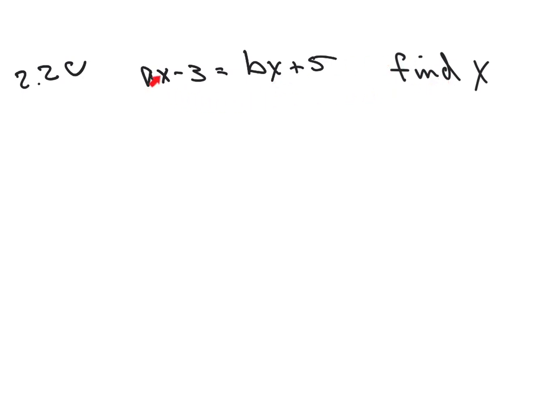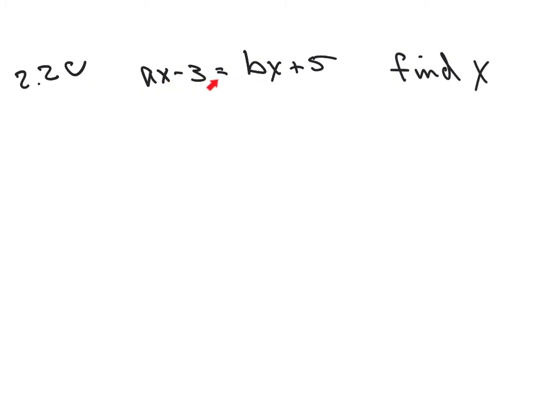We're just going to rearrange this so that it ends up being x equals something. So one of the things you want to look at is whether the variable you're looking for shows up multiple times in the equation. Here we've got it, and over here we have an x.